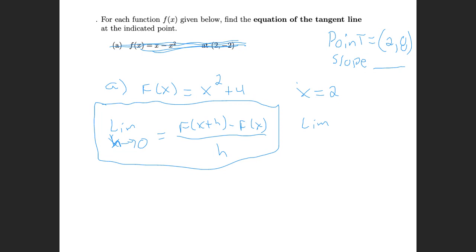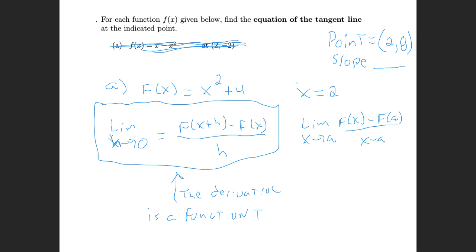The limit as x approaches a of f of x minus f of a all over x minus a. So this function gives us the derivative, and the derivative is a function that gives us a slope at any given point.